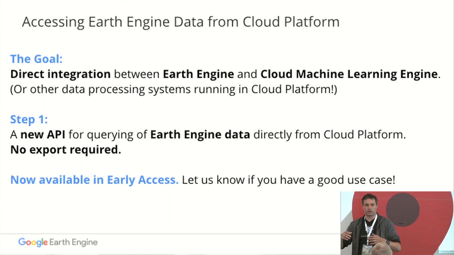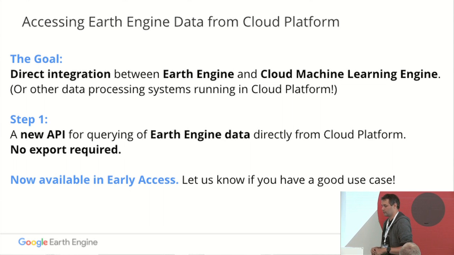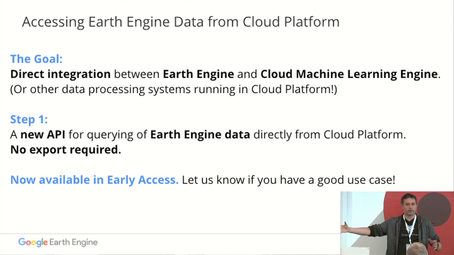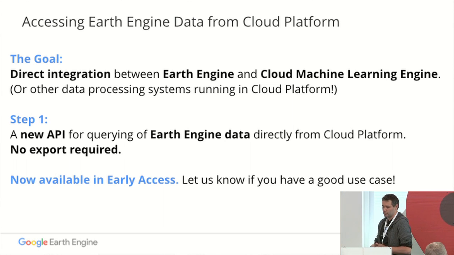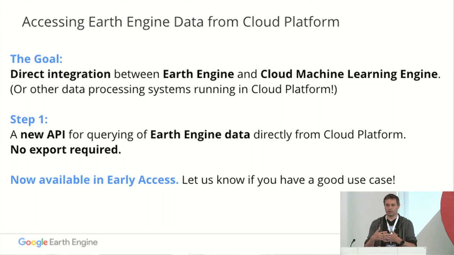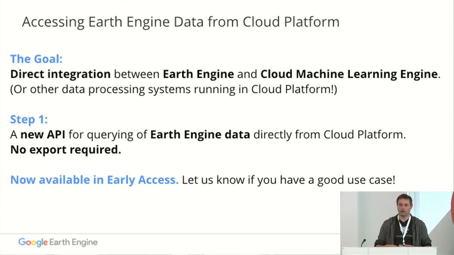And that would allow a large job running in CloudML to reach directly to earthengine for its blobs of input data. That's the first step, the one that's furthest along in terms of direct integration, which is a multifaceted effort.